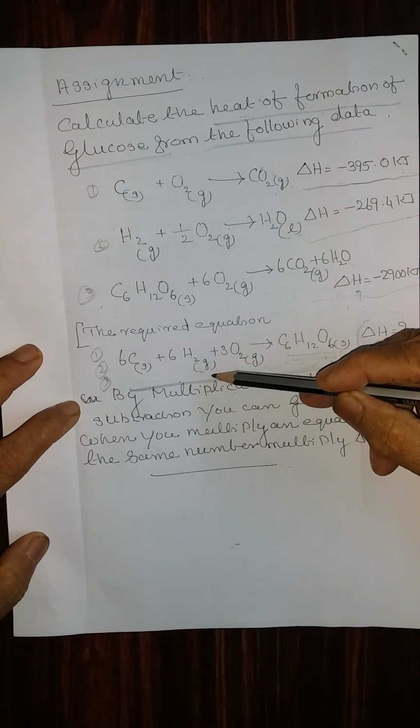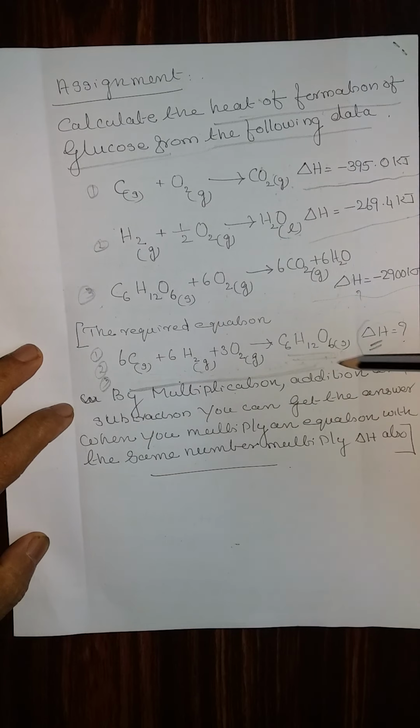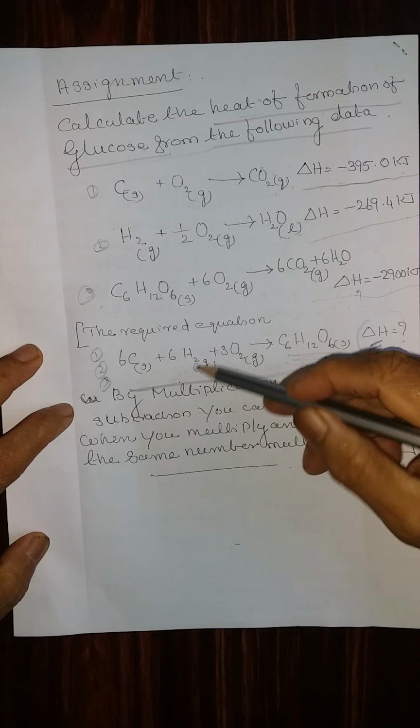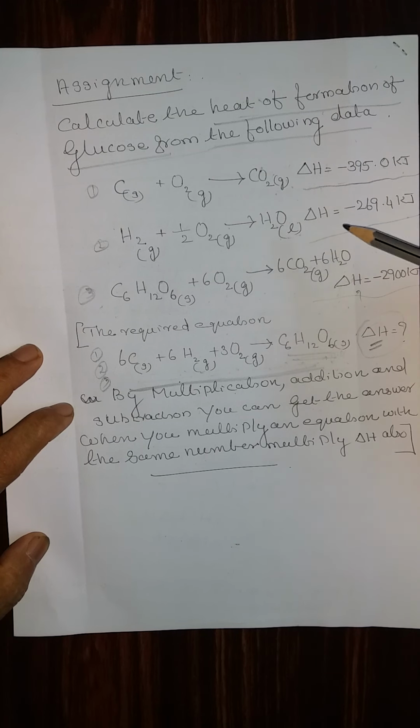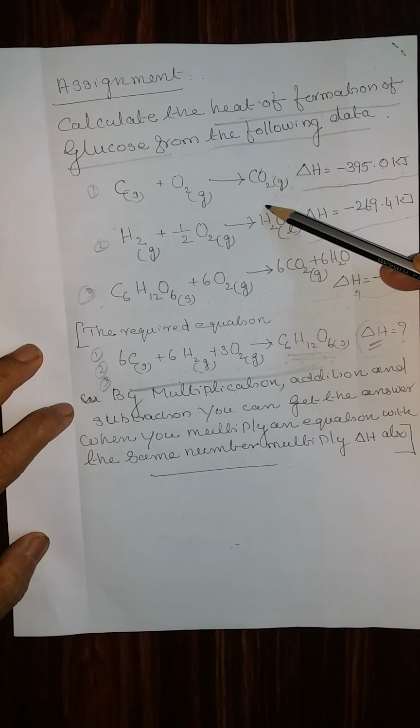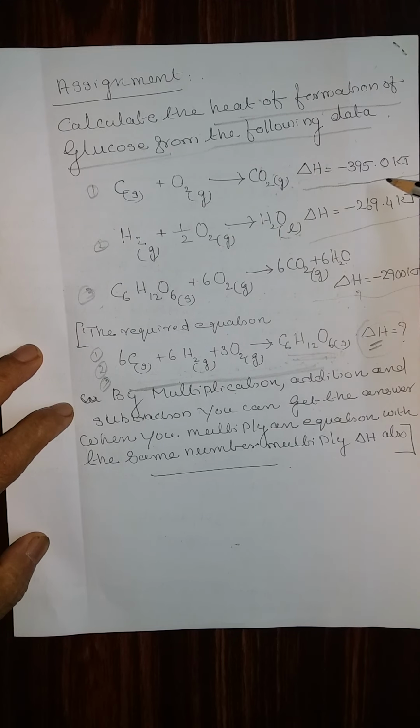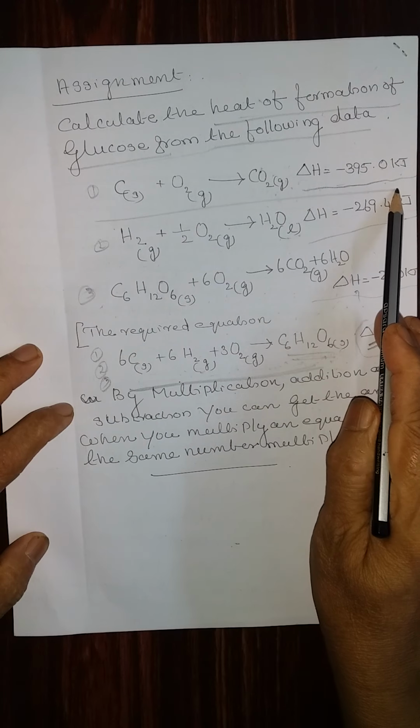You should multiply, add and subtract until you get this equation. One thing to remember is that whenever you multiply any equation, you should multiply the delta H also. Then only the multiplication is complete.